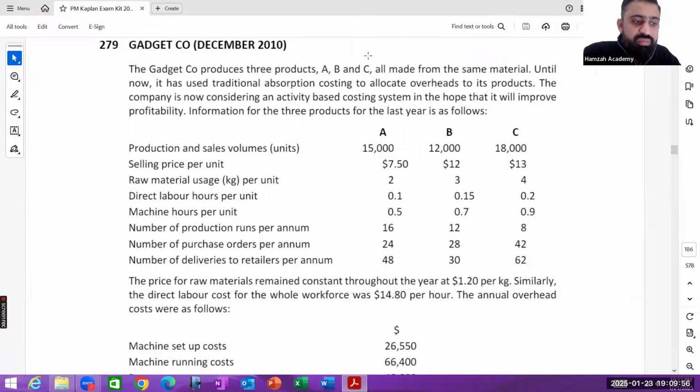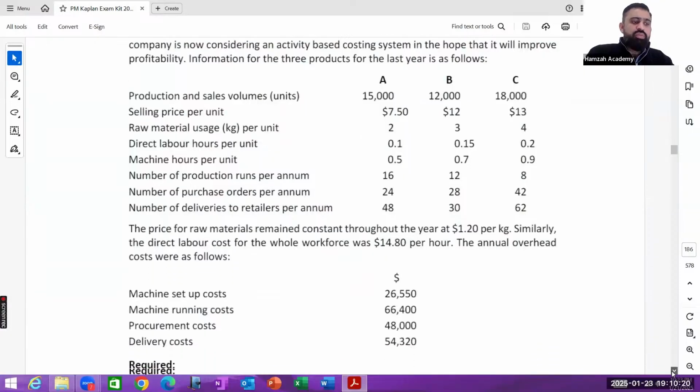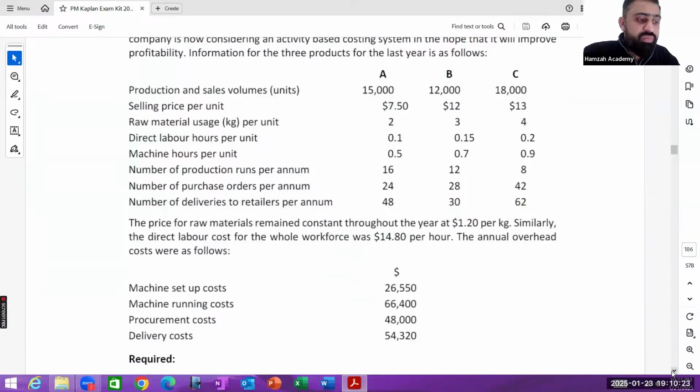The price of the raw material remained constant throughout the year at $1.2 per kg. Similarly, the direct labor for the whole workforce was $14.8 per hour, and annual overhead costs were as follows: machine setup cost 26,550, machine running cost 66,400, procurement cost 48,000, and delivery cost 54,320.